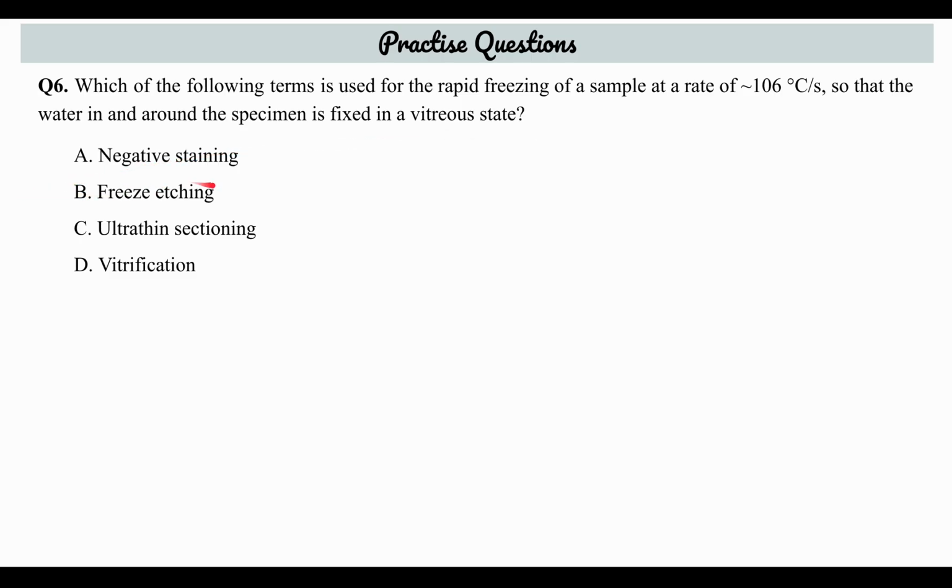Option A is negative staining, option B is freeze etching, option C is ultra thin sectioning, and option D is vitrification. So this also we have discussed. Now you have to tell me which is the right option. This is 10 raised to power 6 degrees centigrade per second. Take some time and then we'll discuss the right answer.